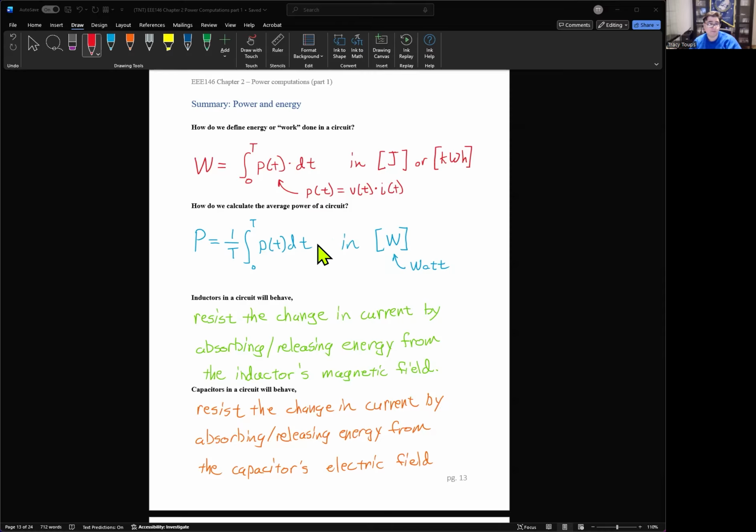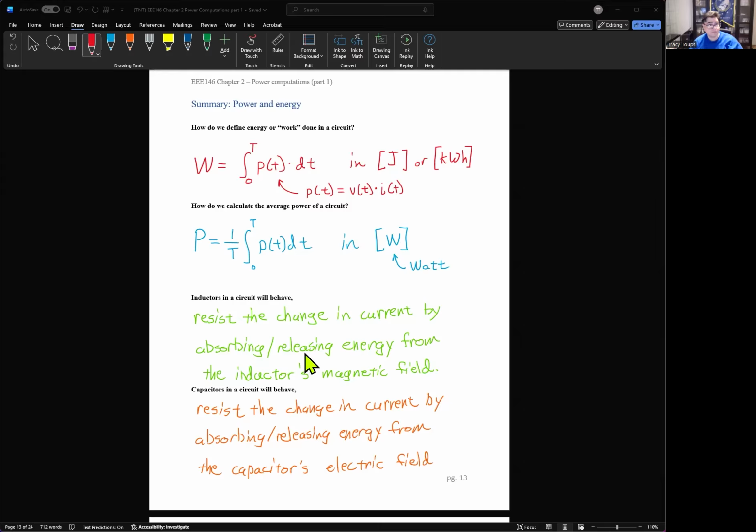Now for inductors, we talked about them extensively. Inductors in a circuit will resist the change in current by either absorbing or releasing energy from the inductor's magnetic field, and the voltage will follow suit, being positive or negative based on releasing or absorbing energy.